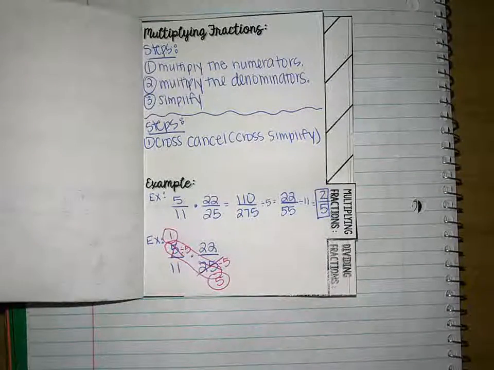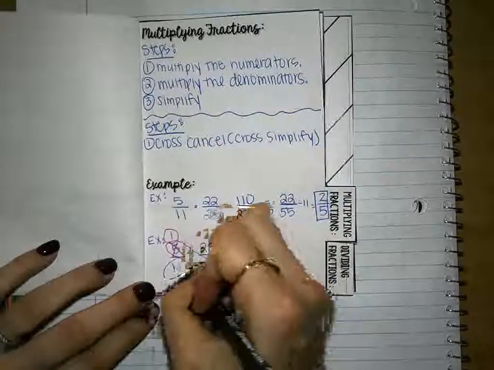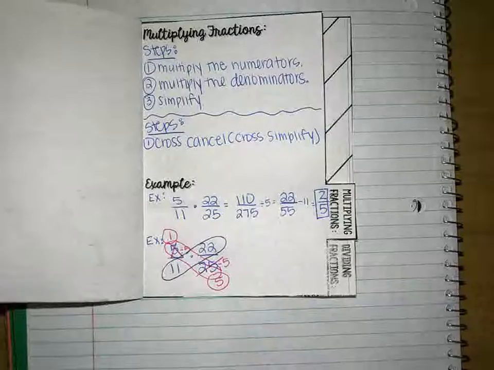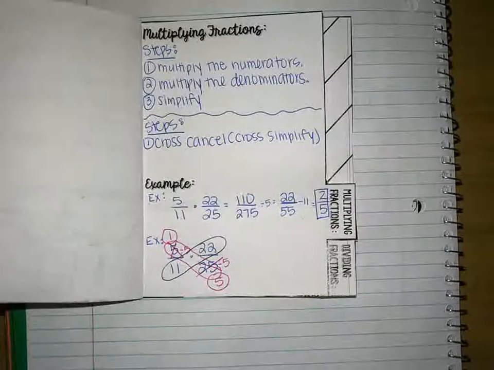I'm going to do the exact same thing using the other numbers that are across from each other. Does that make sense? Okay. What can I take out of 11 and out of 22? 11.